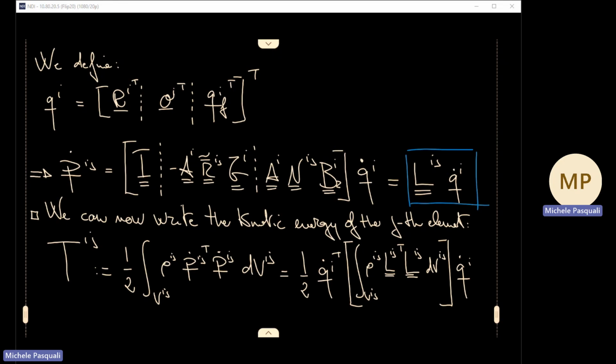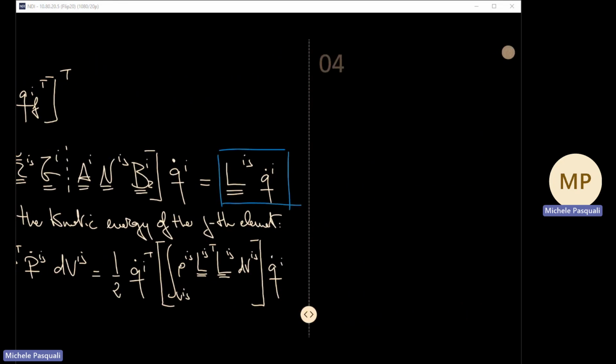And as you can or should imagine now, what is it that we have here in square brackets? It's the mass matrix of the element. So this is how these things are built eventually.